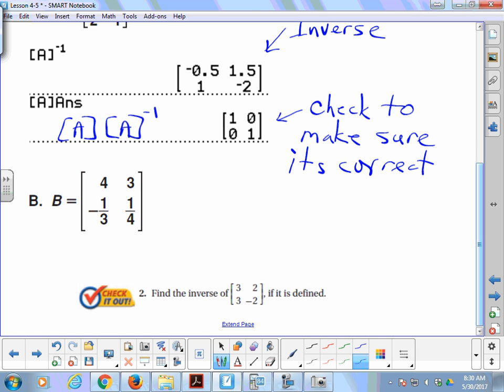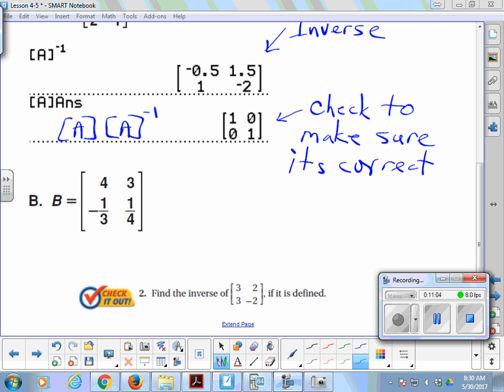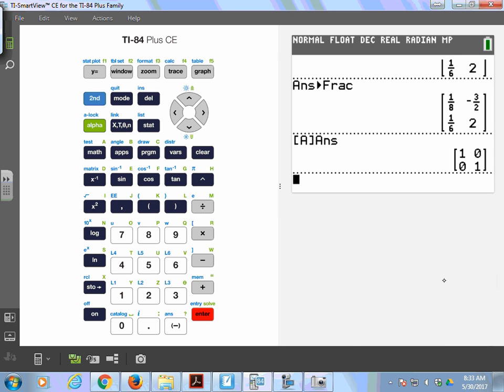All right, so go ahead and do letter, well, let's do B together. So put that one in the matrices and try to find the inverse of that. All right, so we were able to get our answer, make it into a fraction, and check our answer.